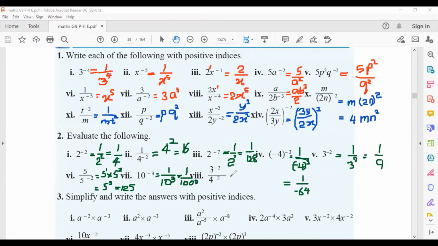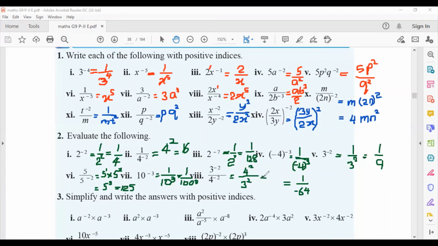Let's do this eighth question. Here both are having negative powers, so you should convert them into positive indices by taking the reciprocal. Both should be interchanged. Then 5 to the power 2 comes here into the numerator place. 3 to the power negative 2 should be taken into the denominator place. Now it becomes 3 to the power 2 here in the denominator place.